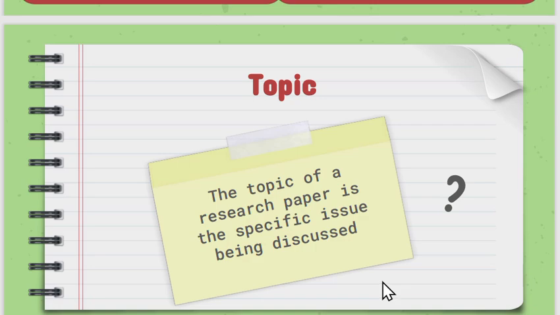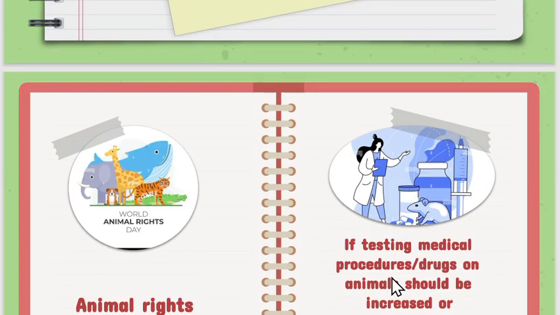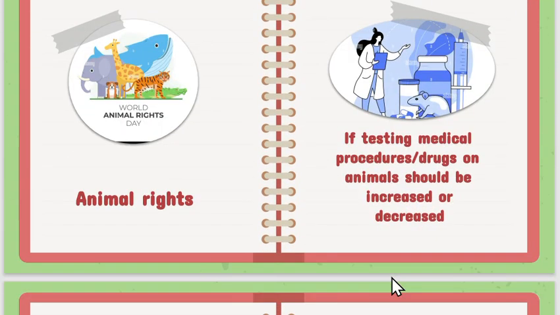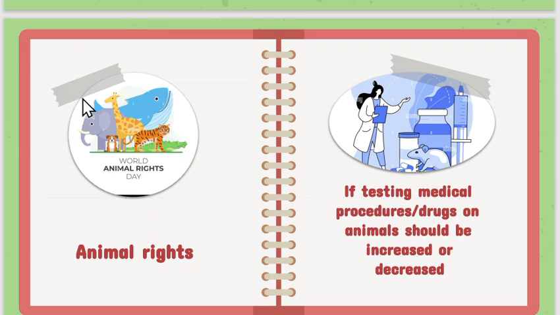Topic is specific. For example, we have here an example of subject and an example of topic. I told you that subject refers to general. Topic refers to specific issues being discussed.